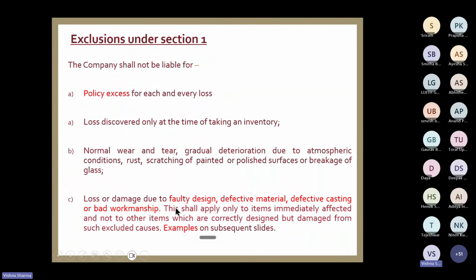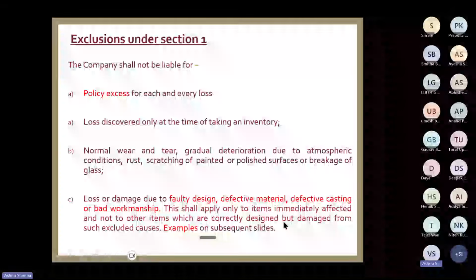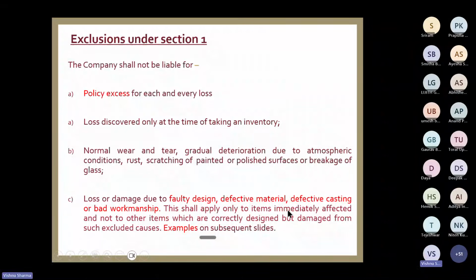But there is a very important rider. These exclusions apply only to the items immediately affected. The parts of the project directly affected by faulty design, defective material or defective casting are the only ones excluded.